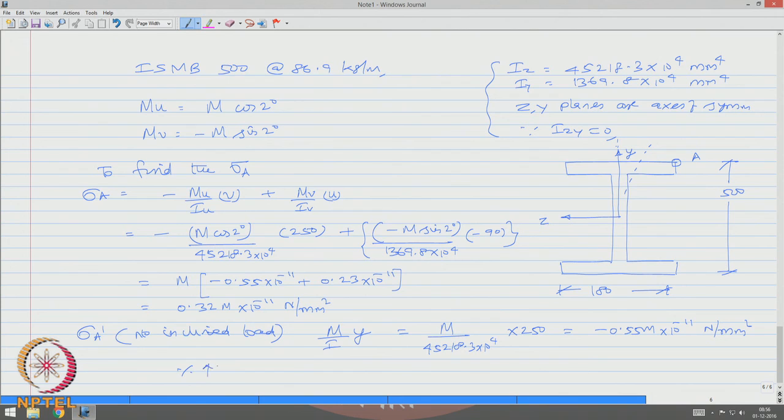So, there is a percentage increase because of the inclined load as 0.55 minus 0.32 by 0.55 into 100, which is about 41.8%. So, even in the case of symmetrical axis sections, when the load is not acting on the plane of symmetry, it causes unsymmetrical bending, which enhances the stress by about 40%.